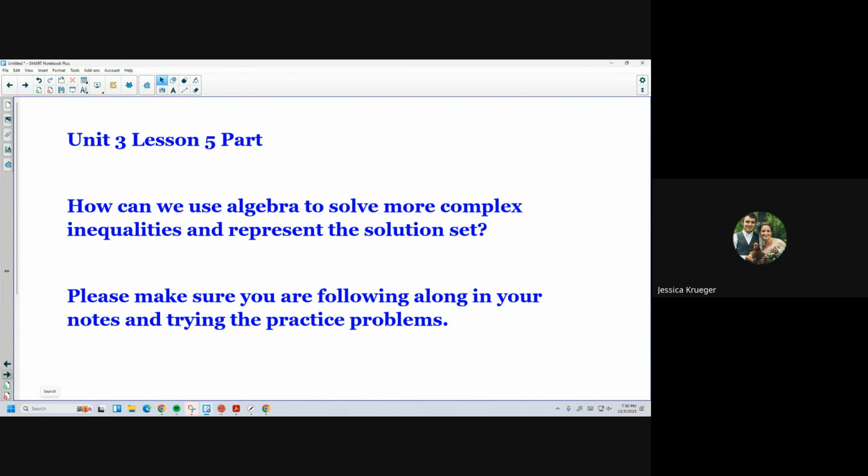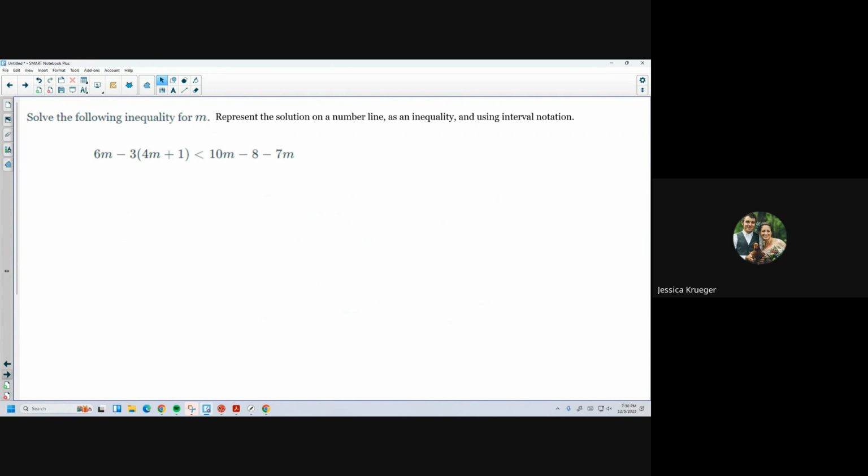So the first question we're going to solve is right here. We've got this inequality, and they want us to represent the solution on a number line, as an inequality, and using interval notation. So remember your steps. Step one is to find the boundary point.